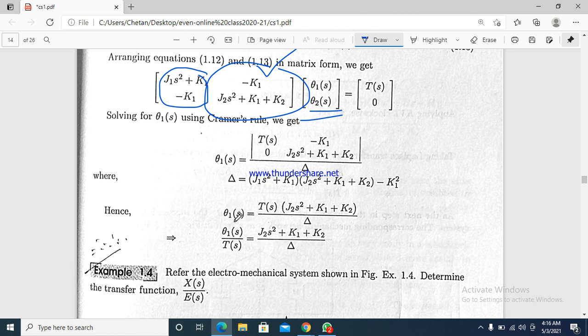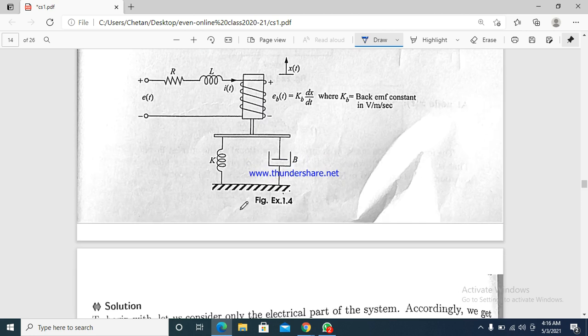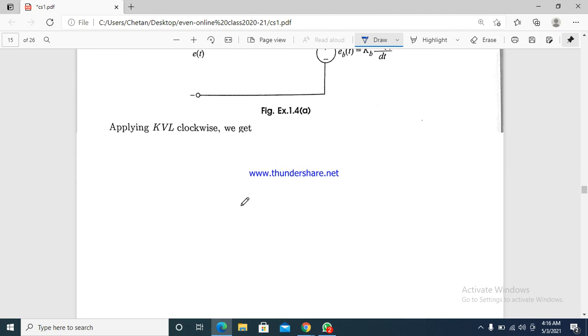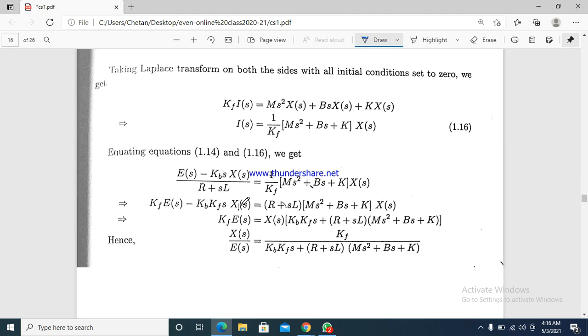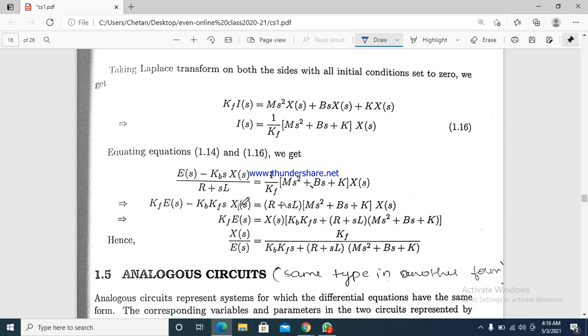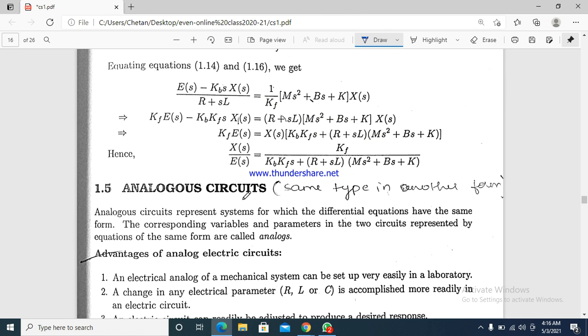By solving this matrix form of equation using Cramer's rule, we will get this final expression. I hope this problem is clear for all. Similarly, you can go with many problems like what I have asked in this section.